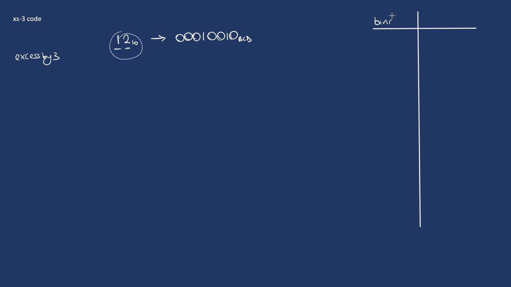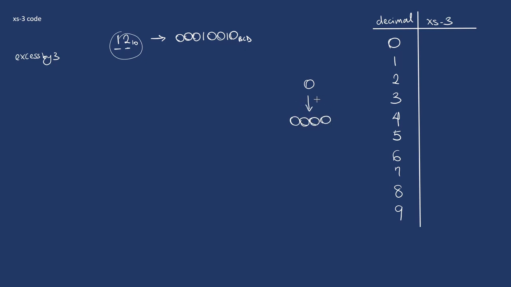So we'll start with our decimal digits. And then we'll write the XS3 equivalent. So we have 0, 1, 2, 3, 4, 5, 6, 7, 8, and 9. If we're to convert 0 to binary, remember we're working with 4 bits, so we need to make sure it's going to be 4.